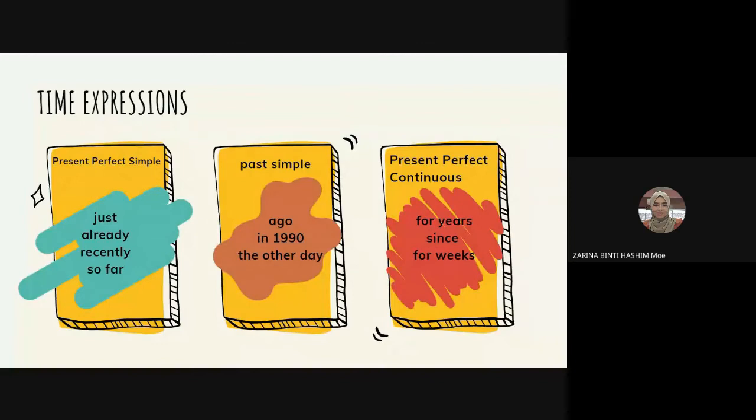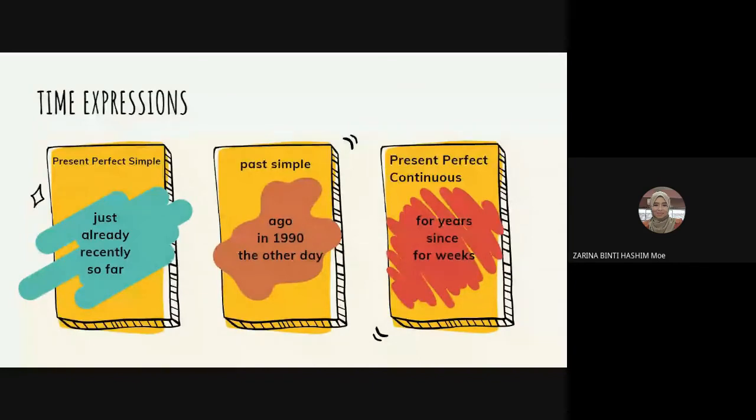Please take note of your errors. Now we go to number 3. Number 1A is went, W-E-N-T.